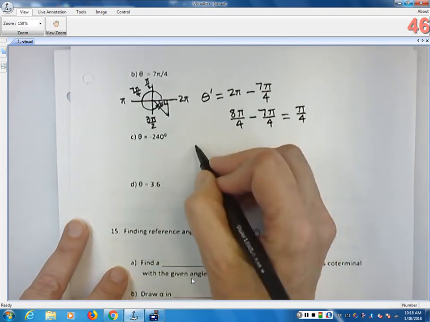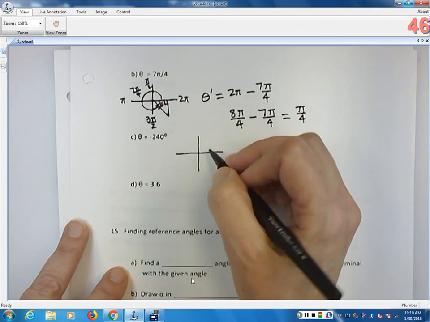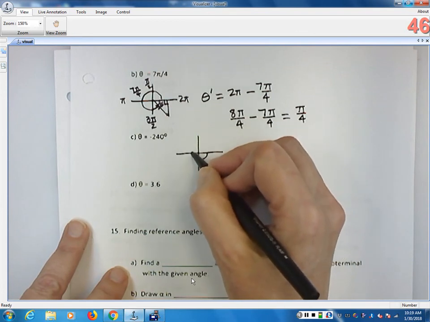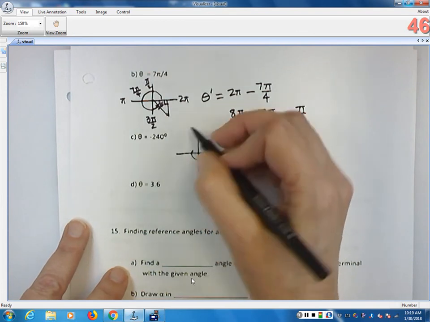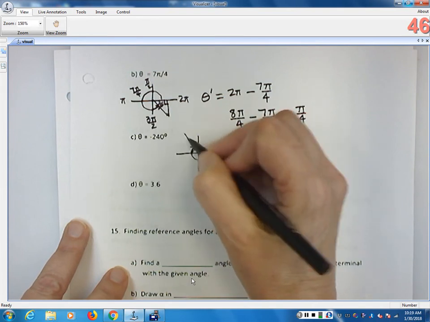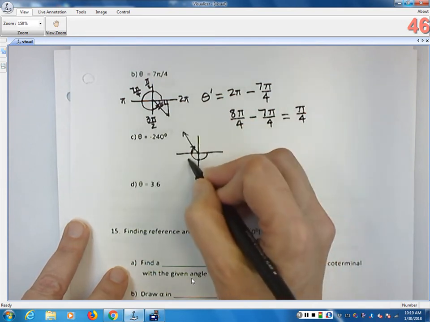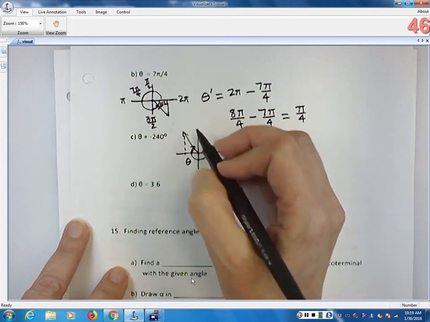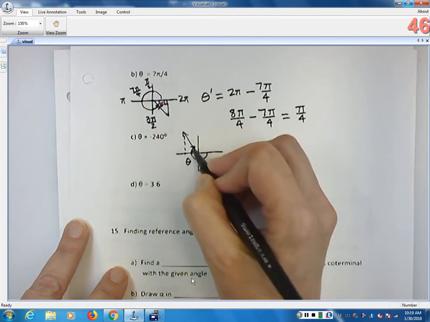Draw your picture for negative 240, negative 90, negative 180. Negative 240 is over here. There's our theta. Now we need to go to the x-axis, our theta prime, that angle.